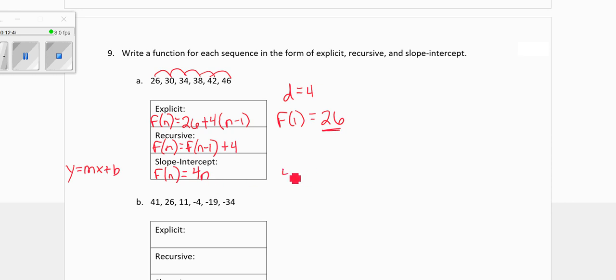So say I want my first term, 4 times 1, that's 4. What do I need to add to get to 26? I need to add 22. So in this case, I'm looking for my 0 term. So I worked backwards 1 to find that.